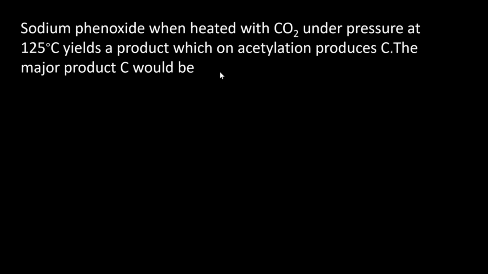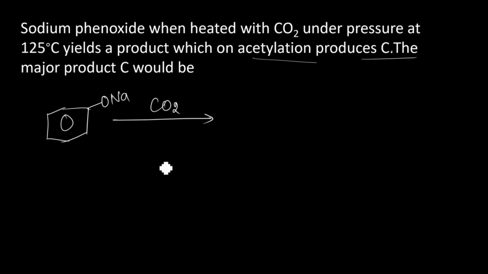Sodium phenoxide, when heated with CO2 under pressure at 125 degrees Celsius, yields a product which on acetylation produces C. The major product C is. So first of all, what is this reaction? Sodium phenoxide with CO2 at 125 degrees Celsius will give you Kolbe synthesis, right?